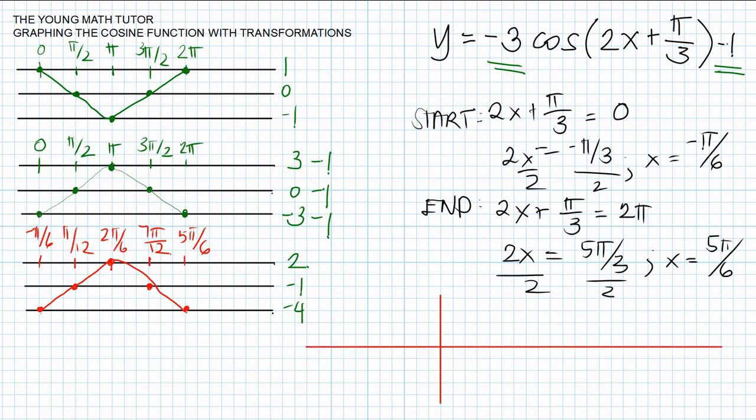So if we graph the points, the highest point will be at 2 and the lowest one will be at -4. -1 is still our midline.